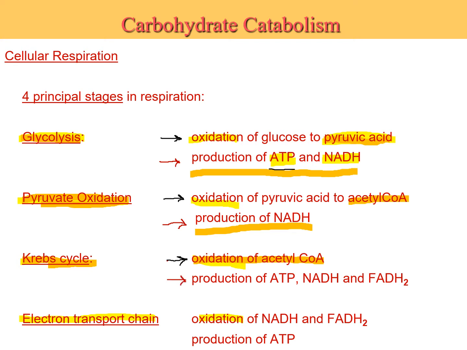During the oxidation of acetyl-CoA in the Krebs cycle, you get production of three things in terms of high energy: ATP, NADH, and also FADH2.